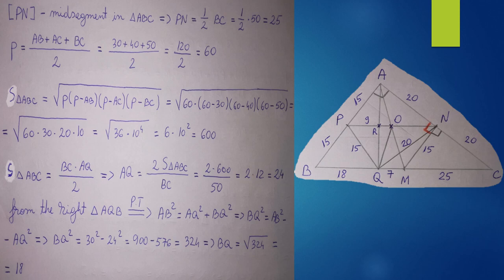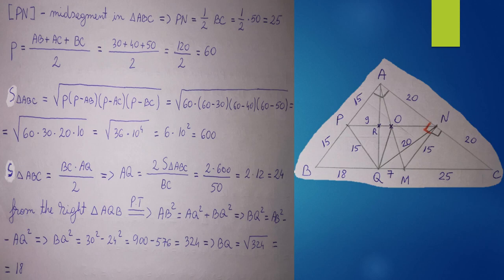PN is a mid-segment in triangle ABC, so PN is half of BC, which is equal to half of 50, which is equal to 25. We calculate the area of triangle ABC using Heron's formula.